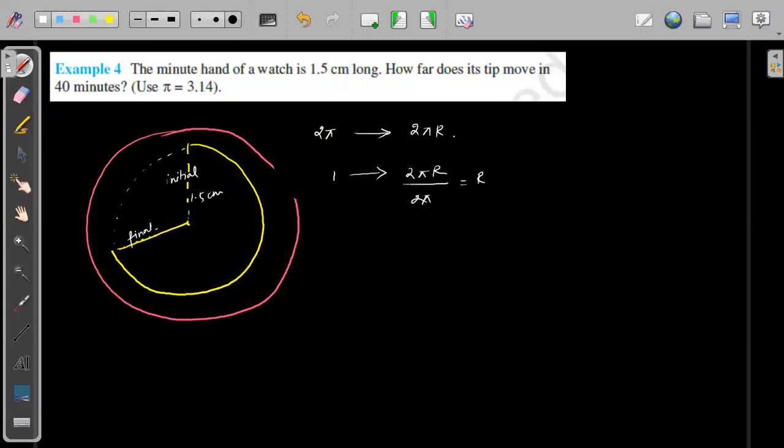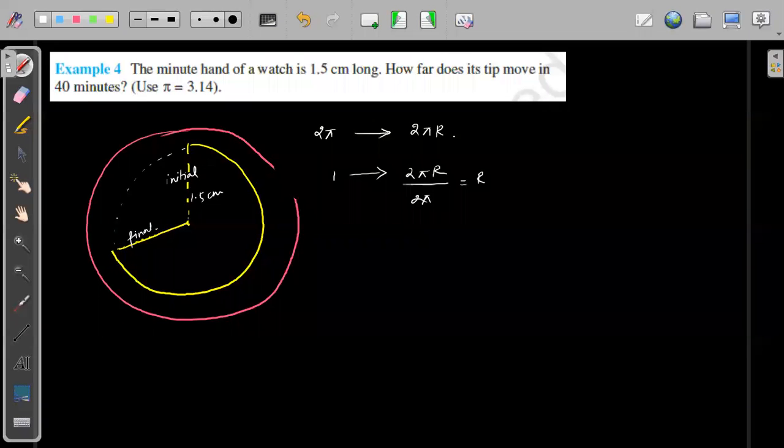Now, how much would it cover in this amount of time? We can find how much angle it will make in terms of pi. For the minute hand, in 1 hour or 60 minutes, the minute hand moves 2 pi.